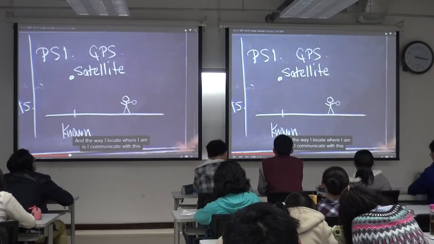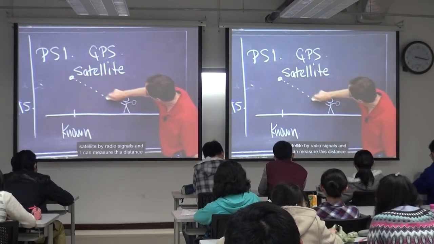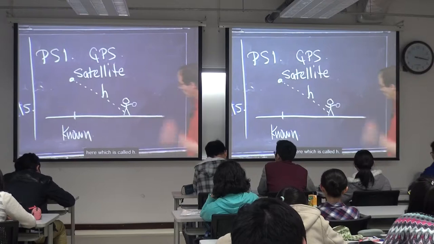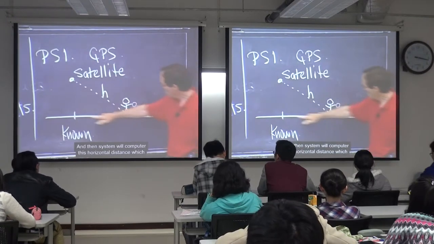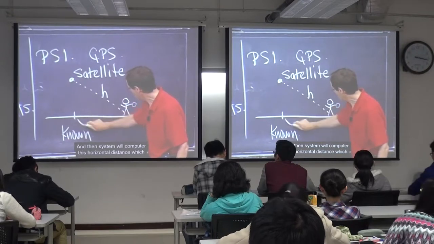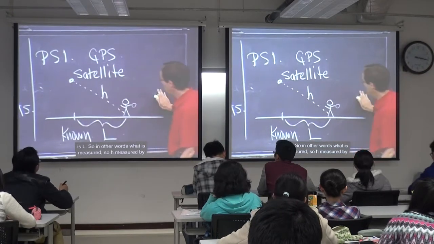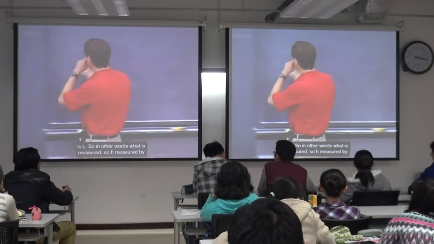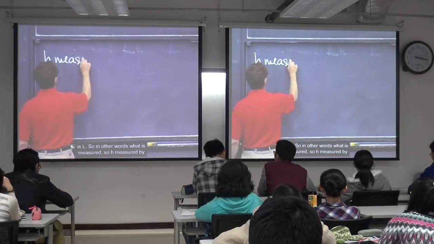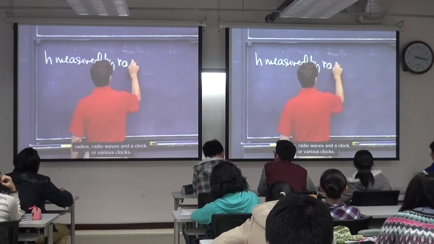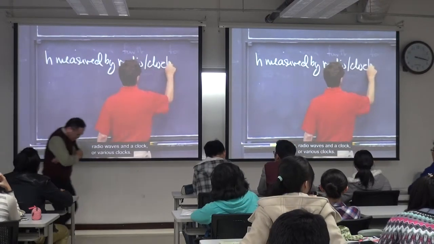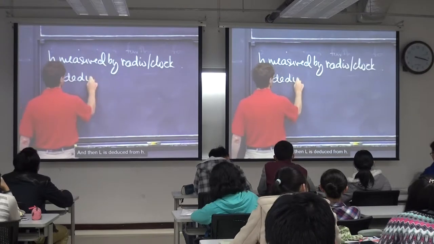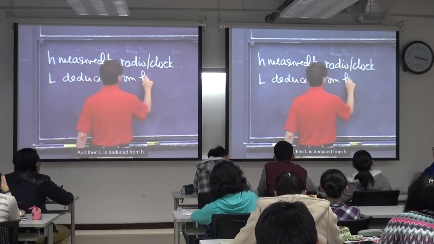And the way I locate where I am is I communicate with the satellite by radio signals, and I can measure this distance here, which is called h. And then the system will compute this horizontal distance, which is L. So in other words, h is measured by radio waves and various clocks, and then L is deduced from h.